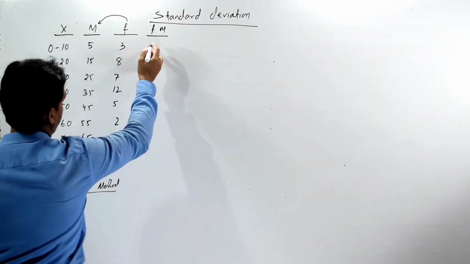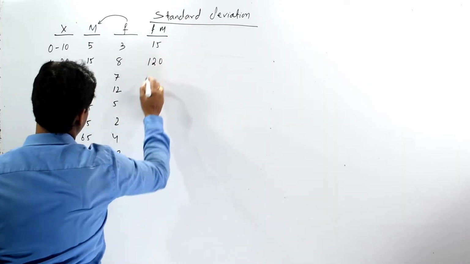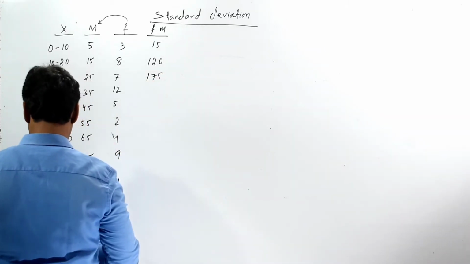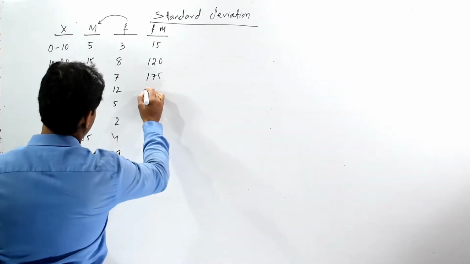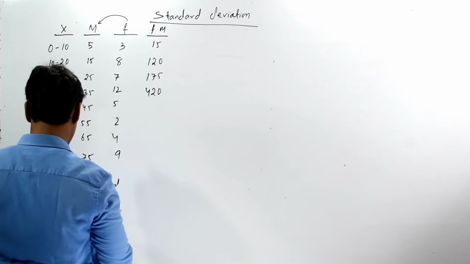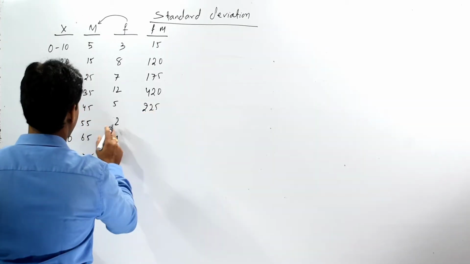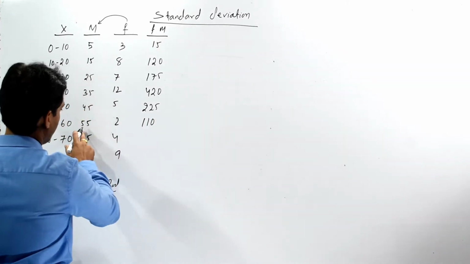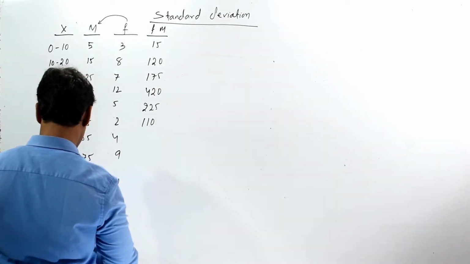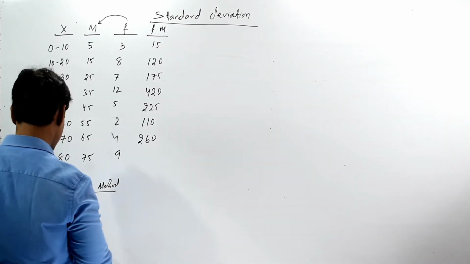So that is 5 into 3, 15, and 15 into 8, that is 120, and 25 into 7 equals 175, 35 into 12 equals 420, 45 into 5 equals 225, 55 into 2, that is 110, 65 into 4, that is 260, and 75 into 9 equals 675.